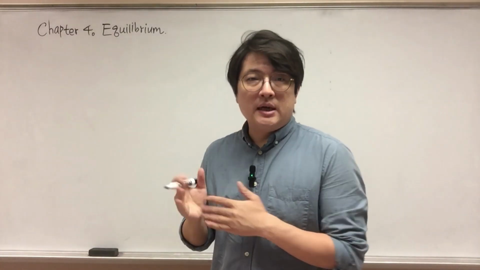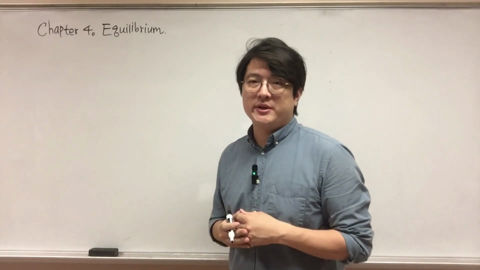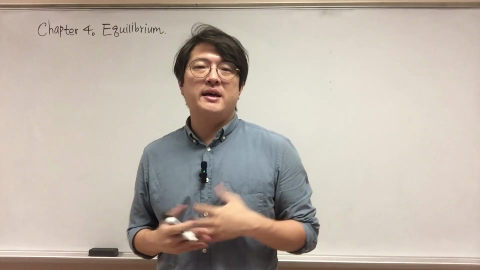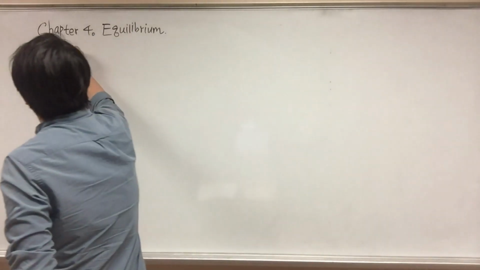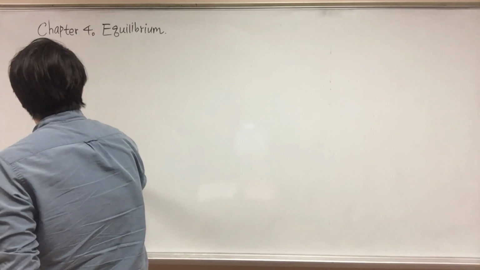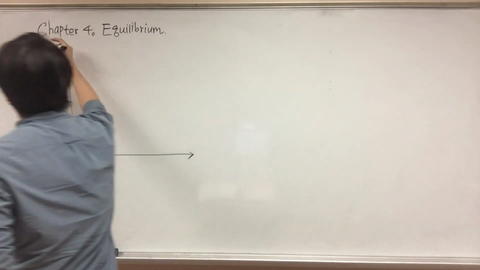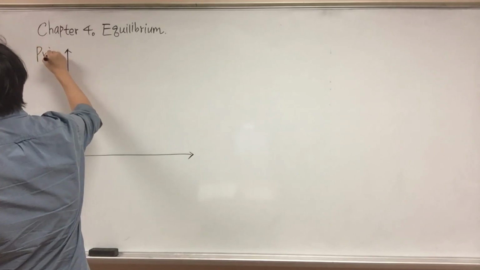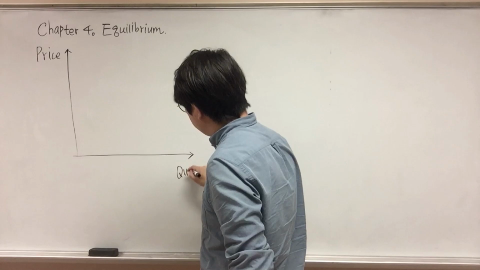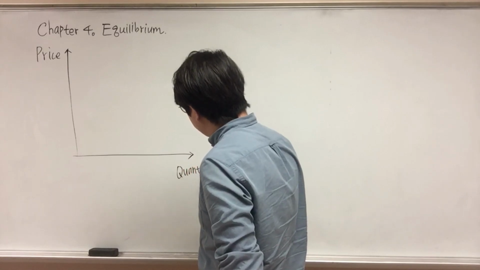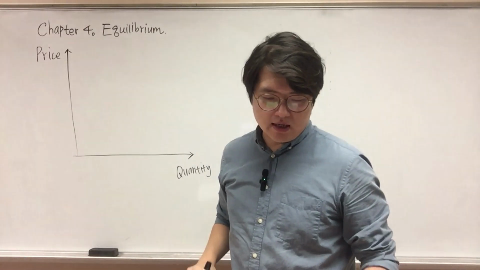So for the equilibrium, we can draw the graph and put the supply and demand curves on the graph together. The y-axis is still price, and the x-axis would be quantity here.